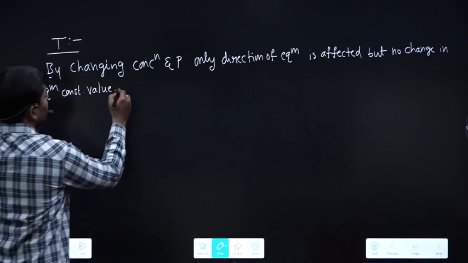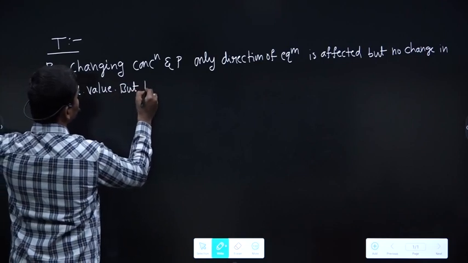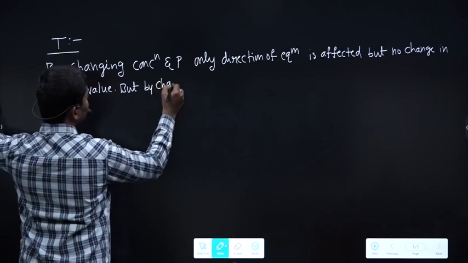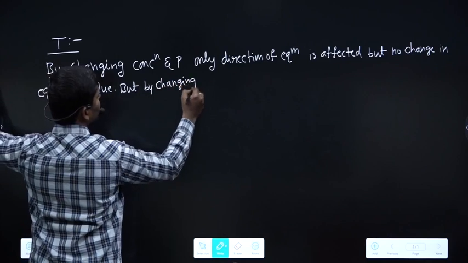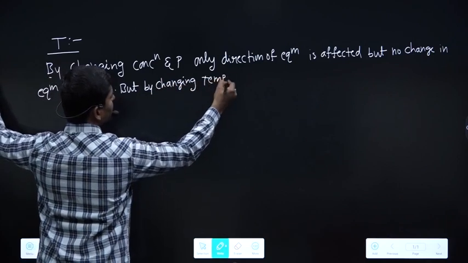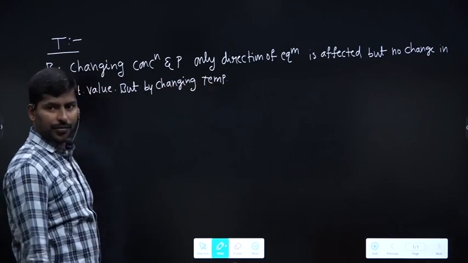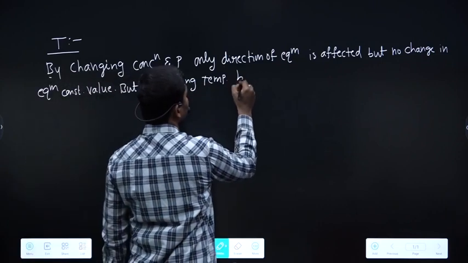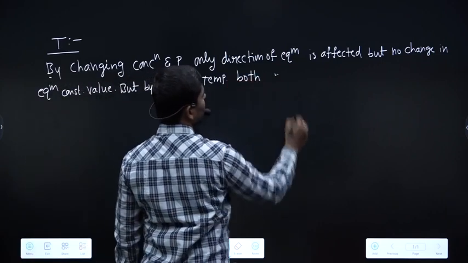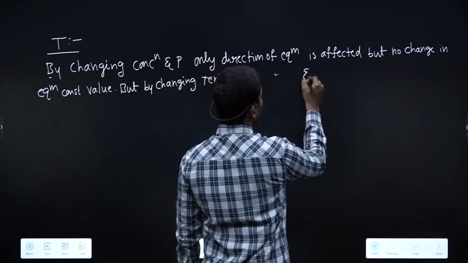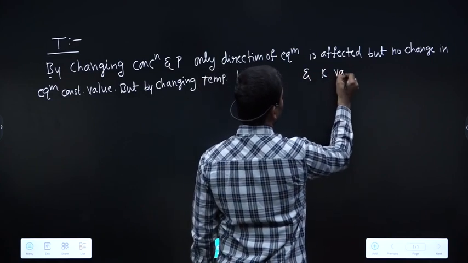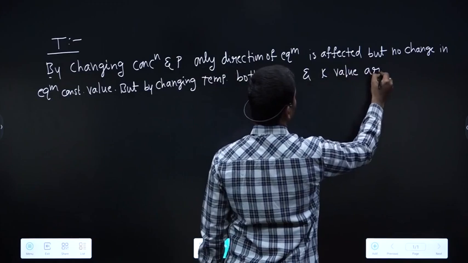But by changing temperature, both the direction of equilibrium and the equilibrium constant value are affected.